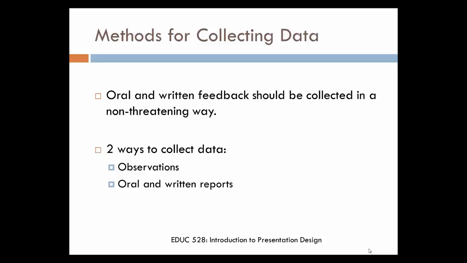Obtaining written feedback is usually quicker and less threatening. Like I mentioned previously, you can use a Google form or survey instrument. However, you may not be able to immediately clarify the information you receive if you want to probe further into the written comments. But in oral evaluations, you can do that.